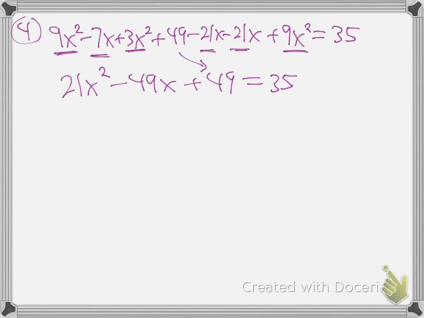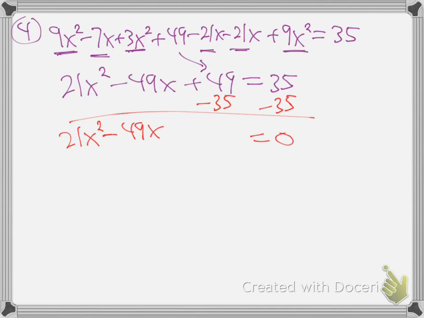And now what should we do with that thing? What's our next step? Get a 0 on this one. Get a 0, right? So subtract 35. That gets us that 0. 21x squared minus 49x plus whatever that is, 14.